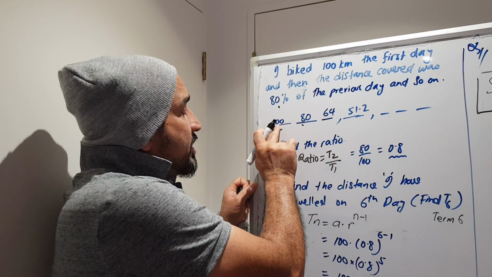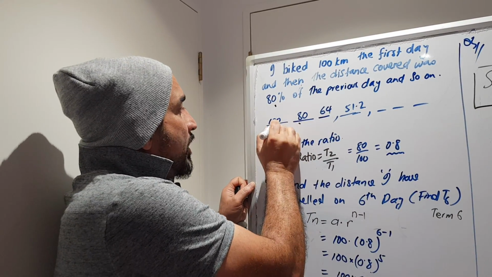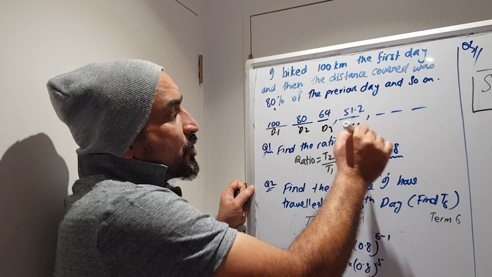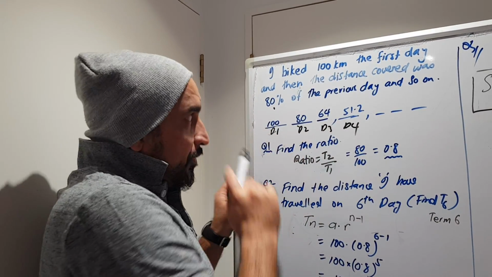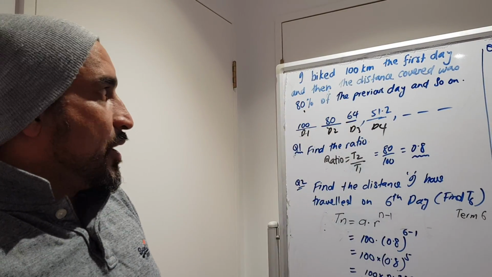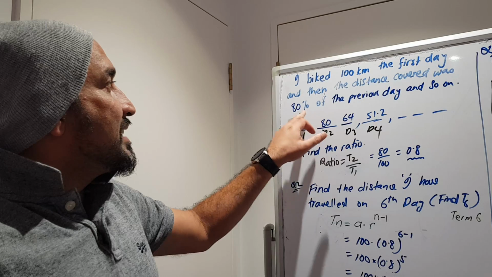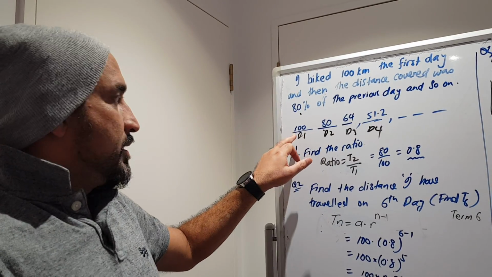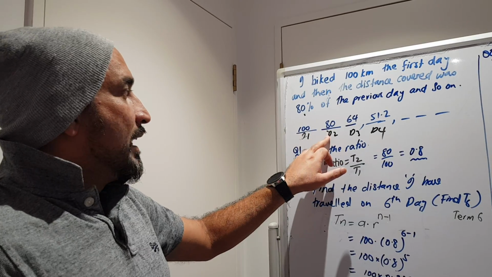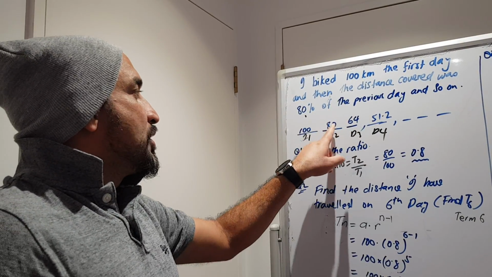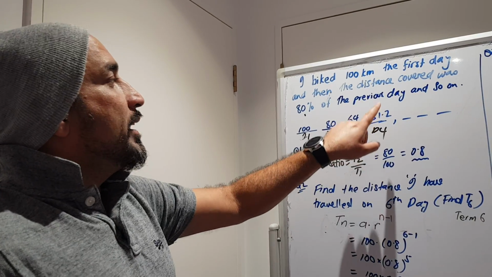This is day 1, this will be day 2, day 3, day 4 and so on. So if day 1 is 100, day 2 is 80% of the previous, so 80% of 100, which will be 80. Day 3 will be 80% of the previous 80, which is 64. Day 4 will be 80% of that.